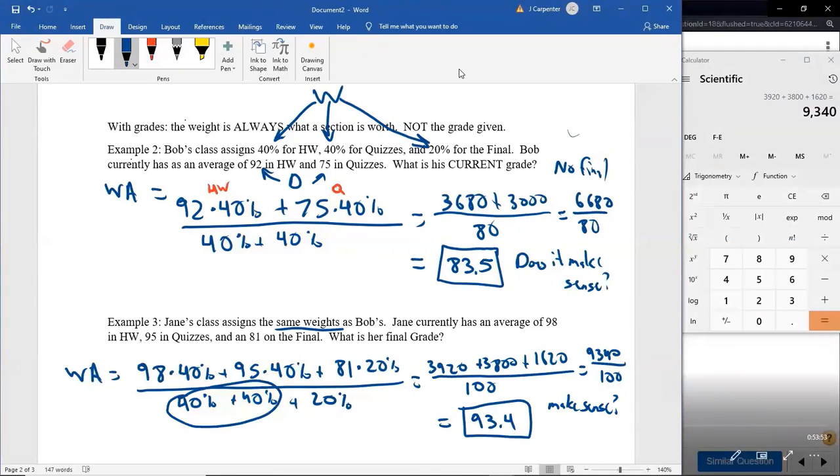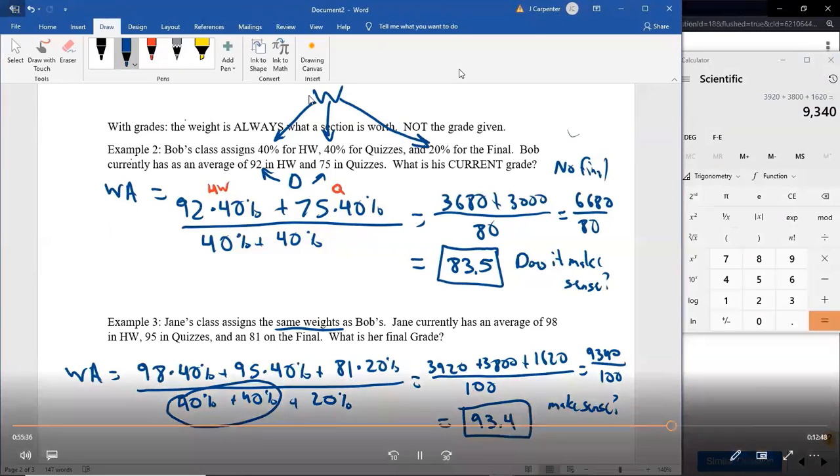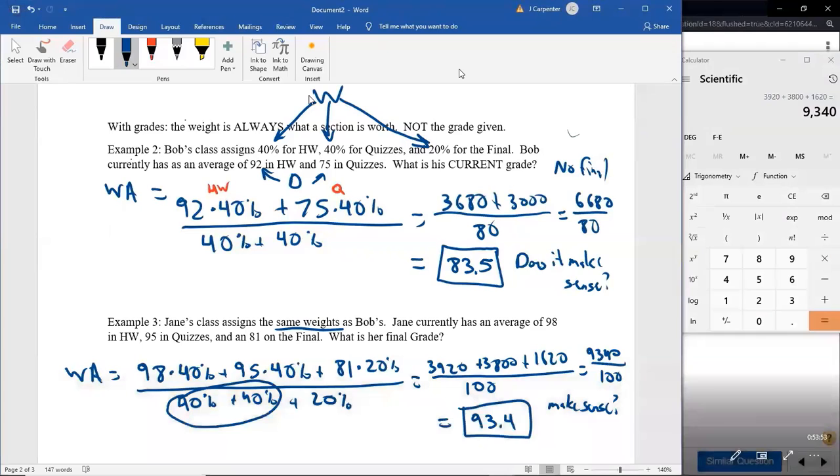Yes, a B is still good, but not as awesome as a mid-tier A. So because we have so much more weight in the good area, I expect my grade to be better, and it is a 93.4. If we swap these grades, let's say this was an 81, this was an 82, and then this was the 95, then our average would be closer to the mid-80s because our worst grades would be taking over more than the good grades.